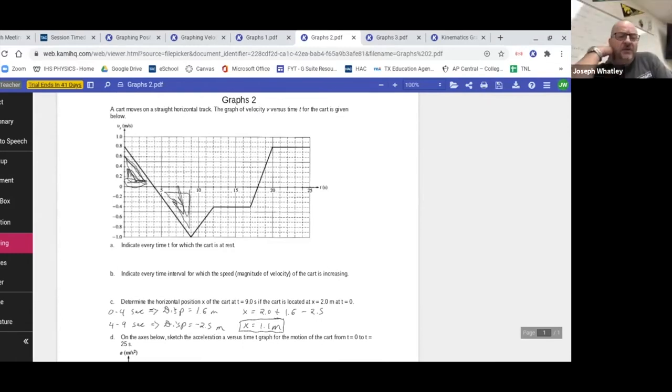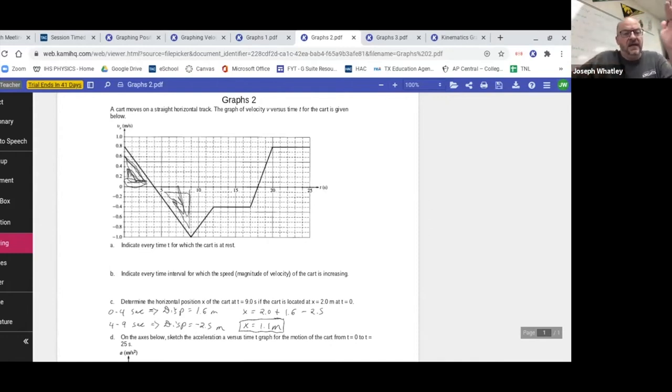Right. And if you were doing this on an FRQ, you could say something like: the vertical axis in a velocity versus time graph indicates the velocity. Anytime the object hits the horizontal axis, that indicates 0 velocity, therefore the cart is not in motion. You can turn it into sentences.